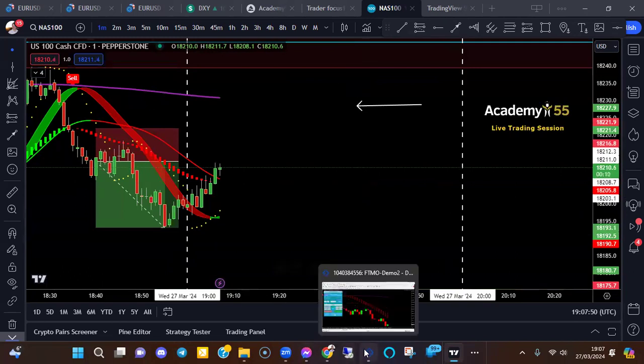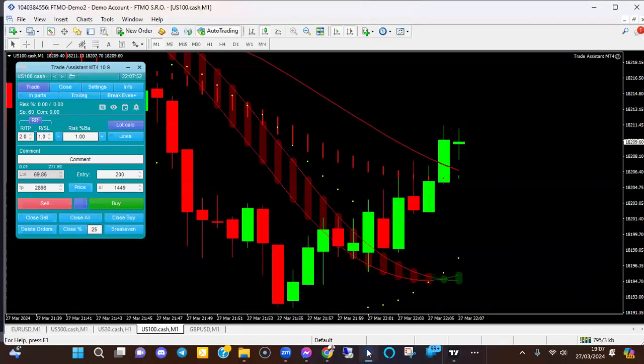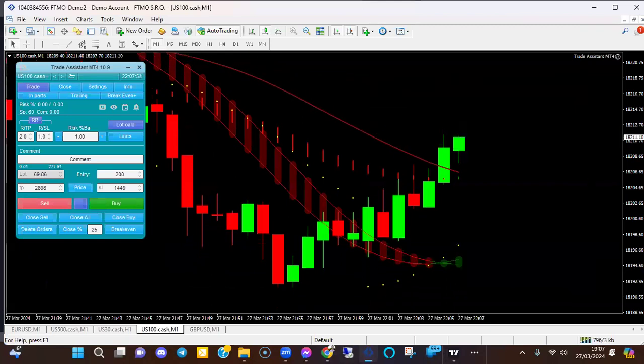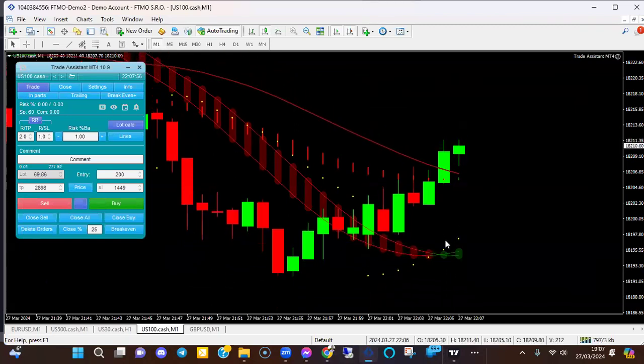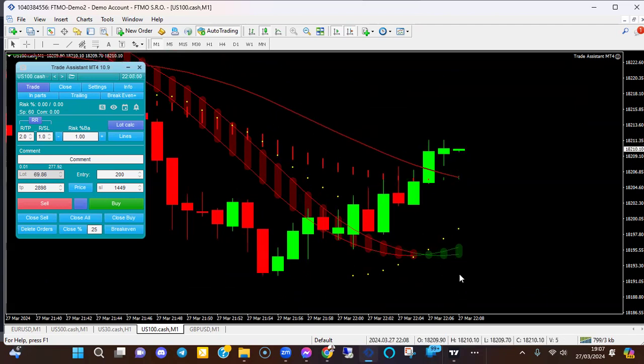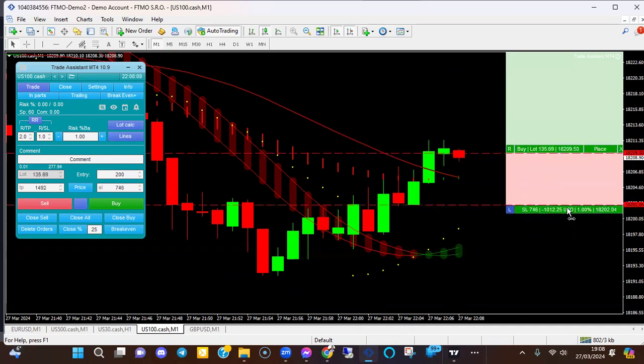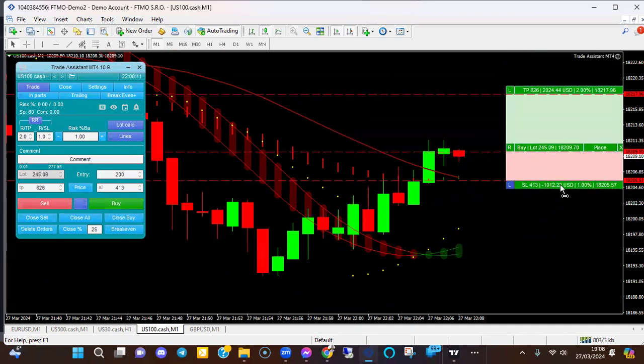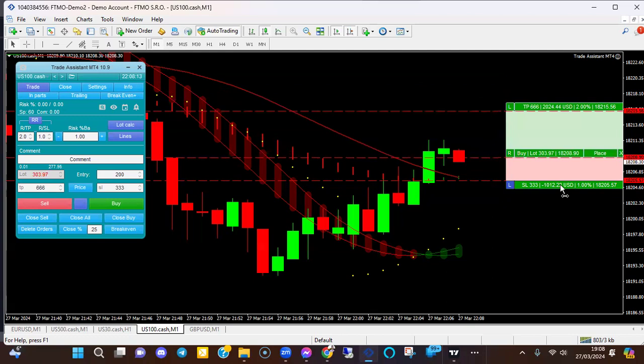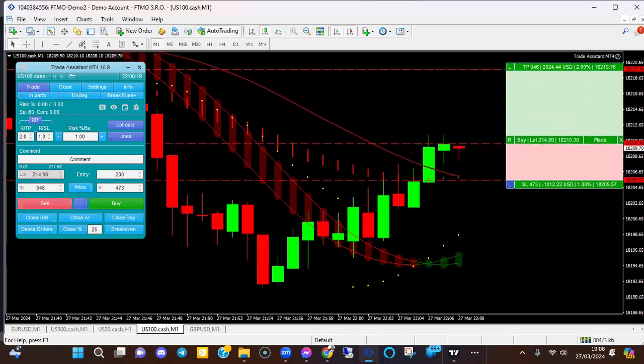So let's turn it over to MT4. Just as I switched it over, there was a little flash of a buy there. So I'm going to switch my lines on. And my stop loss would have to go there in readiness for a possible buy.